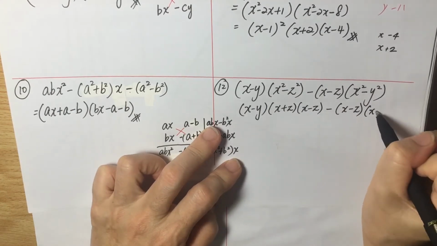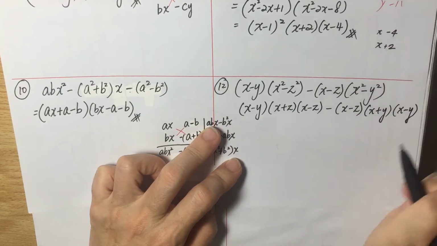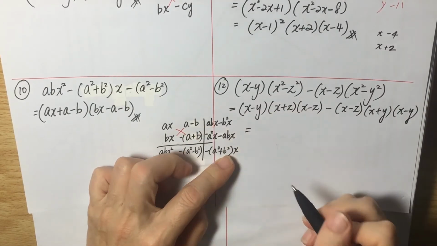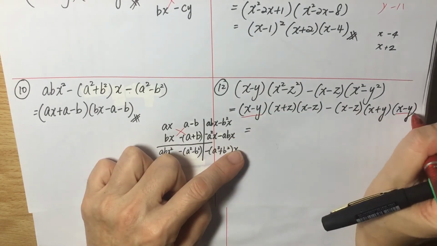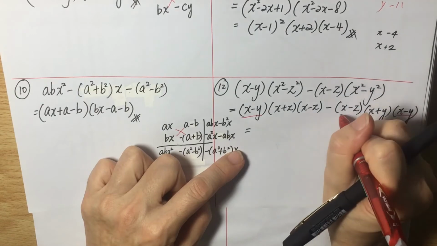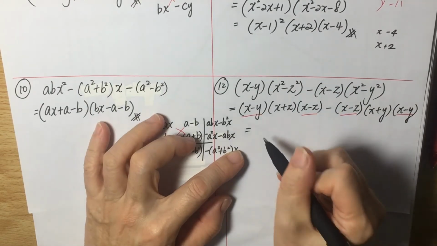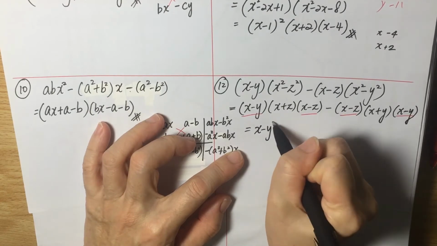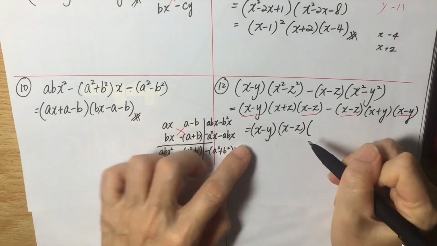So this will be x plus y and x minus y. So now the common factors are x minus y and x minus z. And that's all, right? So we have x minus y and x minus z brought out.